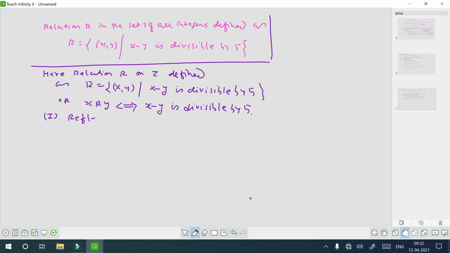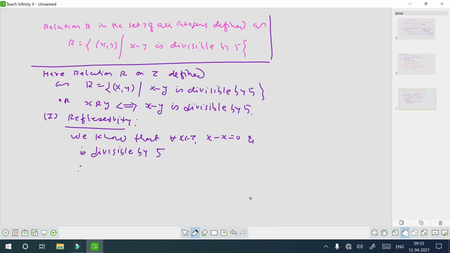Reflexivity. Now please see here. We know that, for all x belongs to Z, x minus x is equal to 0, and 0 is divisible by any non-zero real number and is divisible by 5.